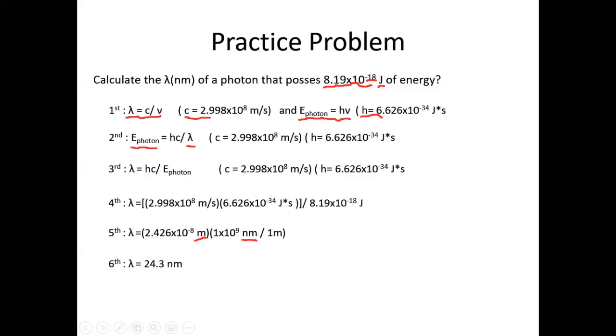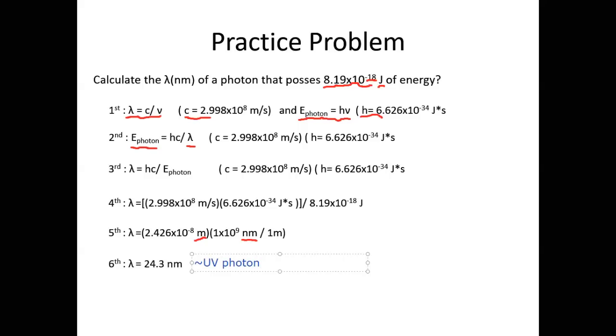And so this photon has a wavelength of about 24.3 nanometers, which puts it somewhere near the UV region of the electromagnetic spectrum. So this is approximately a UV photon, because 24 is around the UV region of the electromagnetic spectrum.